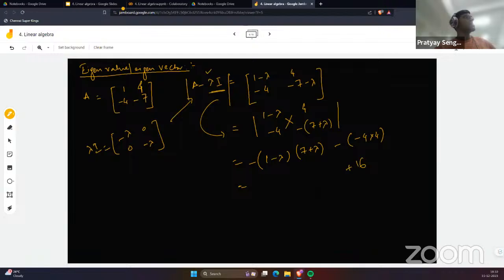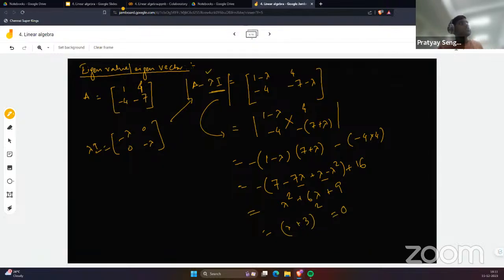This is minus 7 minus 7 lambda plus lambda, plus lambda square. So this is lambda square plus 6 lambda, and then minus 7 plus 16 is plus 9. So lambda plus 3 whole square.